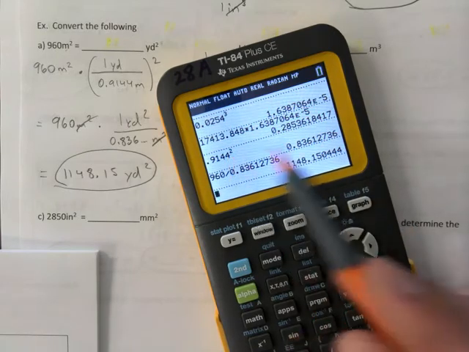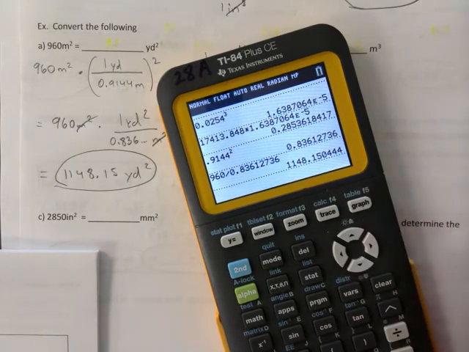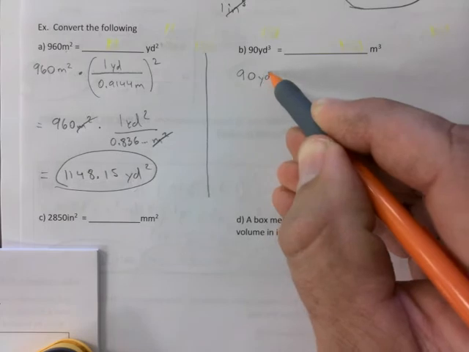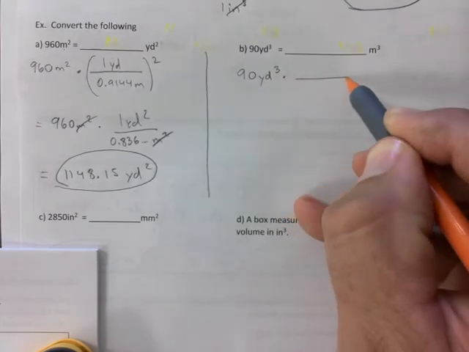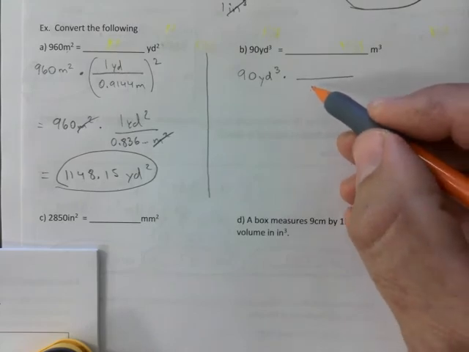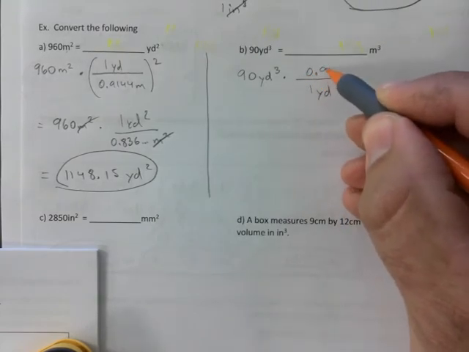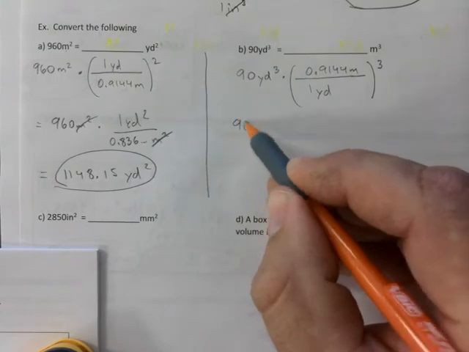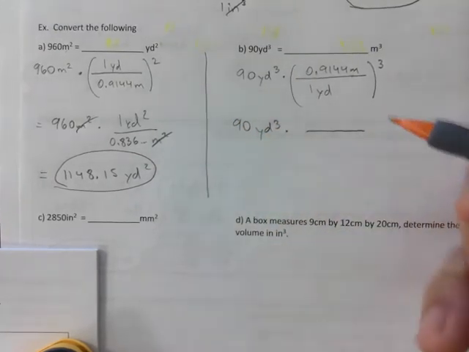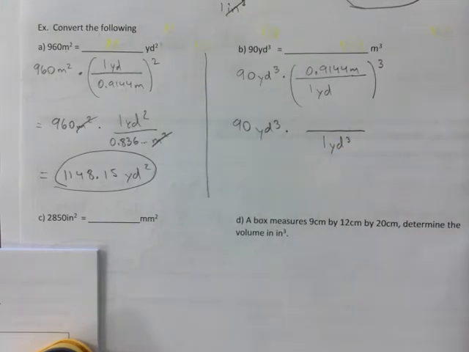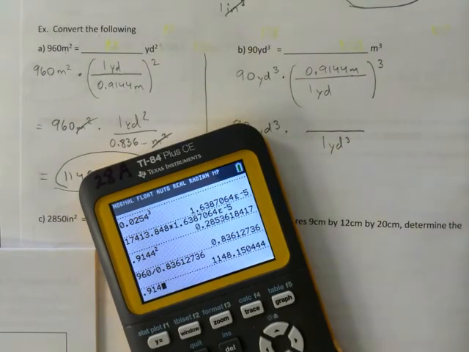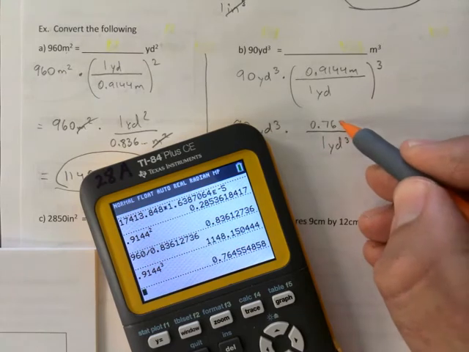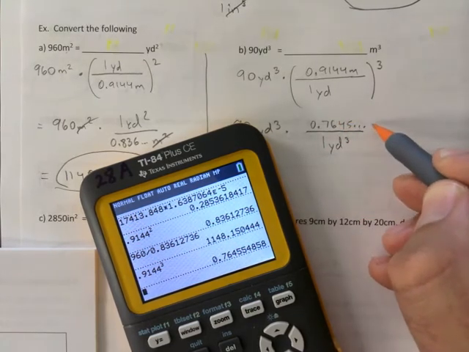On my calculator when I square this. So it's 15. Okay.